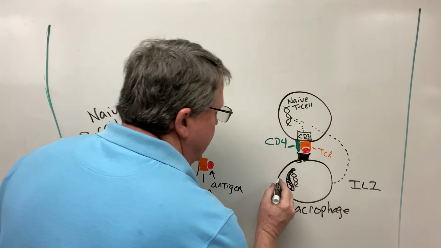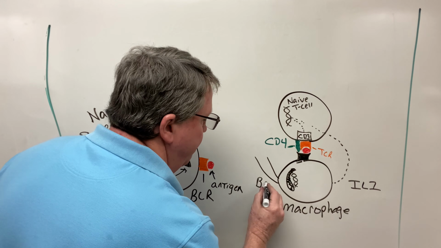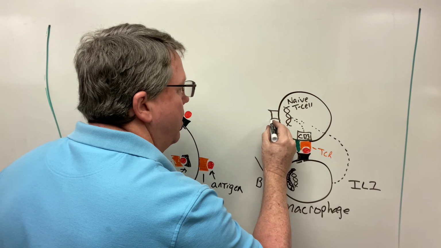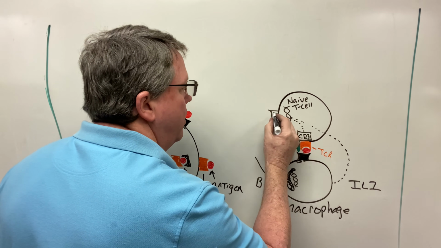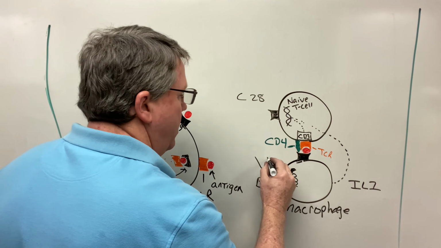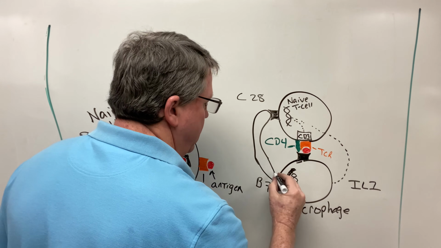The other thing that's going to happen is that coming off of here, I have a protein called B7. And over here, I have a receptor called CD28. So this is going to come and bond onto this also.